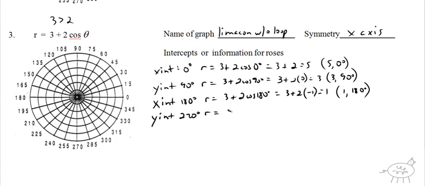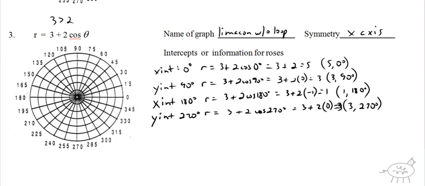So r equals 3 plus 2 cosine of 270. So cosine of 270 is 0. So we wind up getting 3. I can write that r equals 3. So it's 3 comma 270.